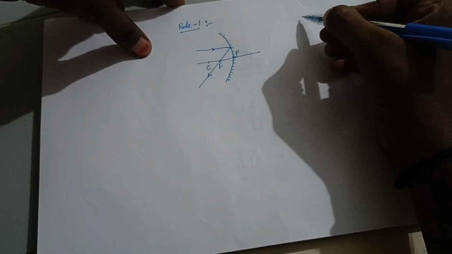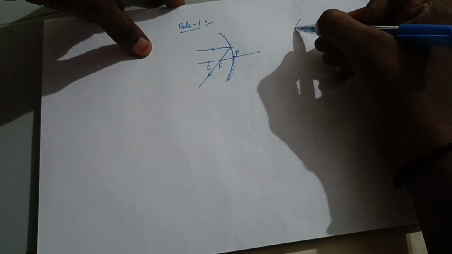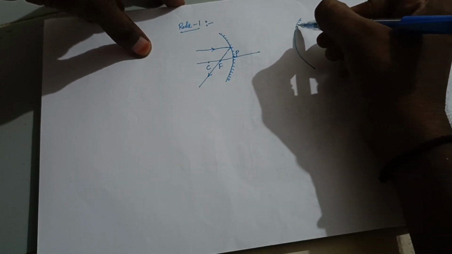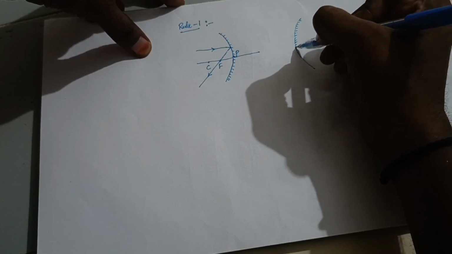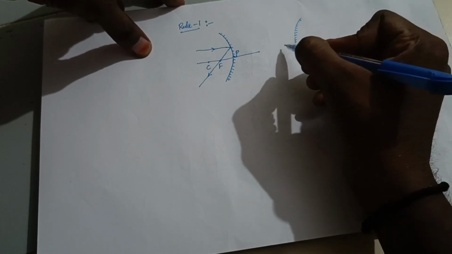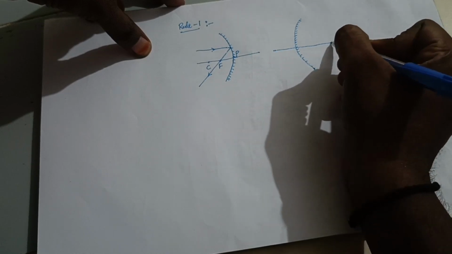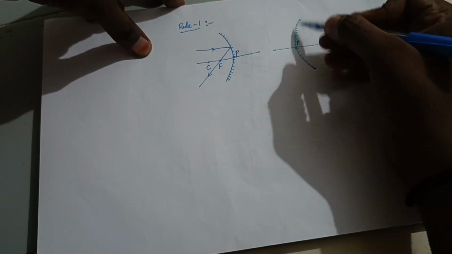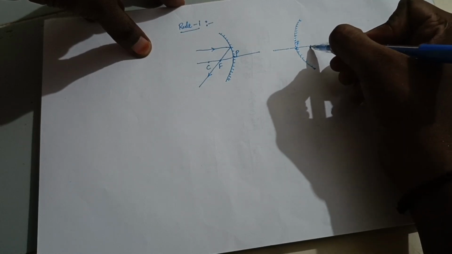Whereas if you take a convex mirror, where the reflecting portion is bulged outwards, this side is coated and the other side is the reflecting portion. Again I am drawing a principal axis, which is exactly at the center. So this is the pole. For a convex mirror, the focus will be on the right side.